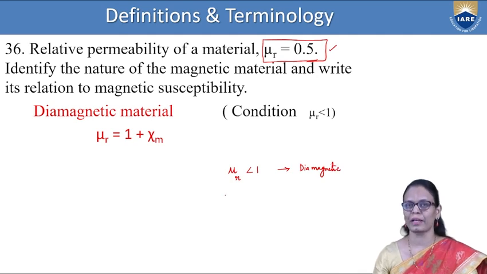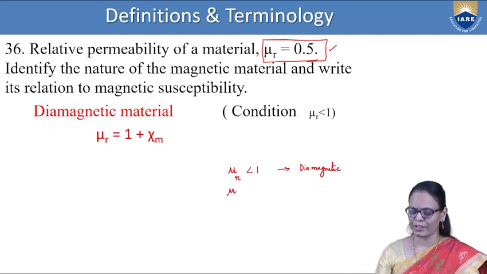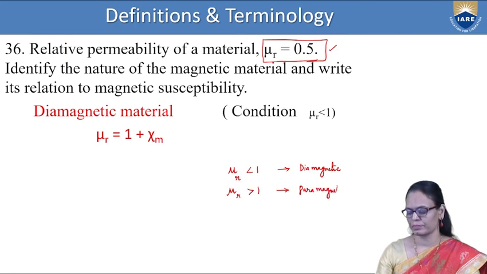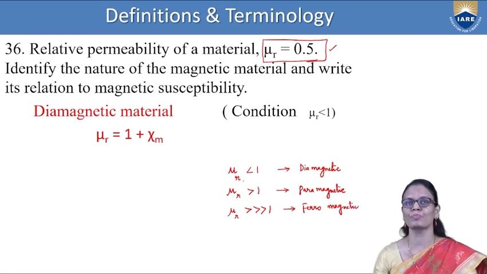If mu r is just greater than 1, they are paramagnetic materials. And if mu r is much greater than 1, we call them ferromagnetic materials.